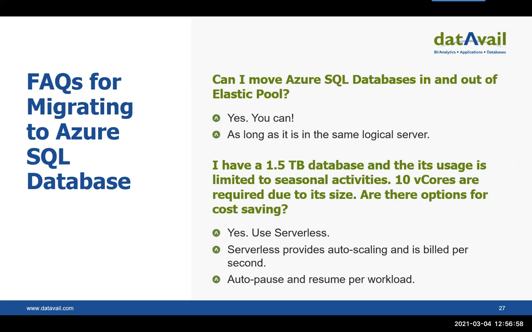For a database that big, are 10 vCores required, or are there options for cost saving? Yes, in this case, it's perfect for serverless. You can use serverless to auto scale, and it's billed per second. It will auto pause for you and resume the workload as needed when you're not using it.